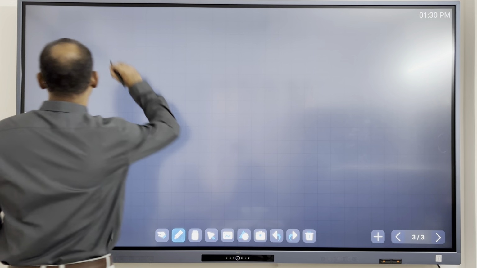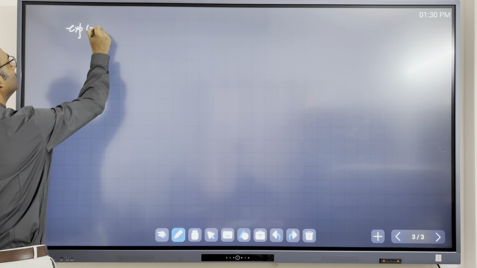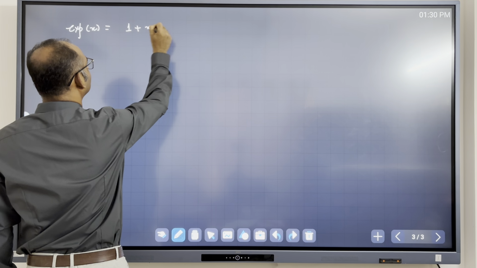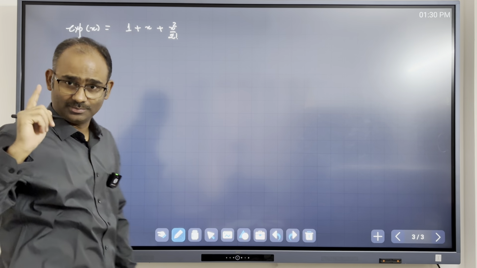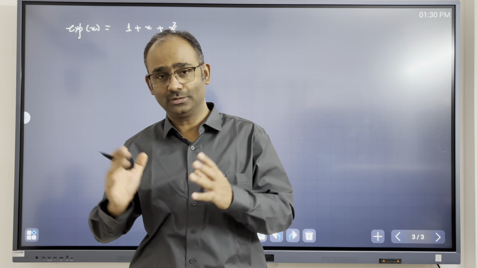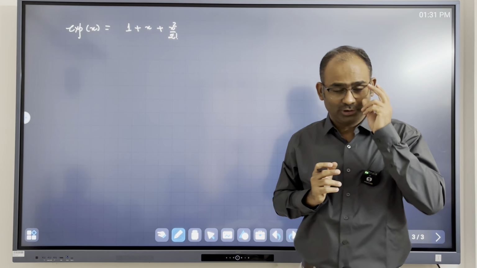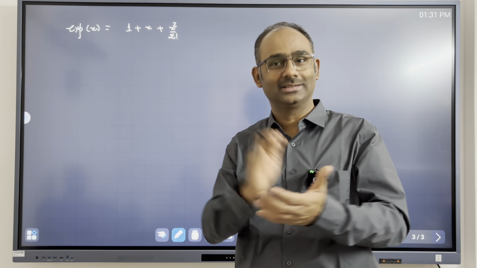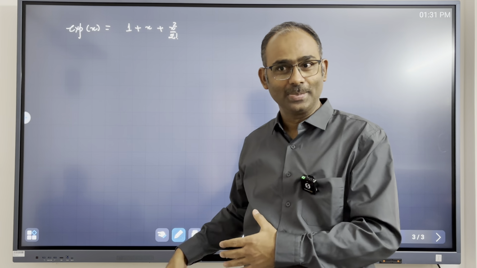So let's write down. I have defined a function for you, which is this. And it's very useful to remember the original expression, 1 plus x over n, raised to the n, the limit n going to infinity. Because when you are solving some problems, it is that form which will come. And then you say, oh, this is the exponential function. And then everything else that I am going to tell, you can apply there.